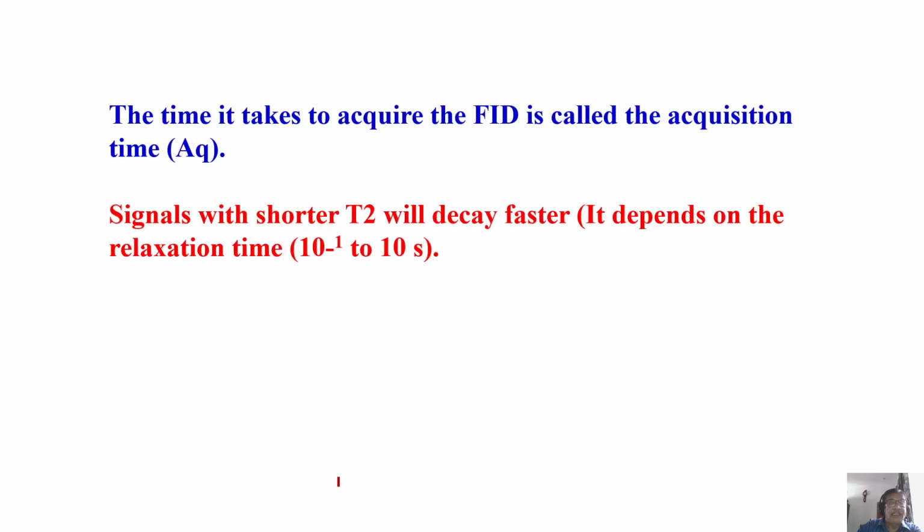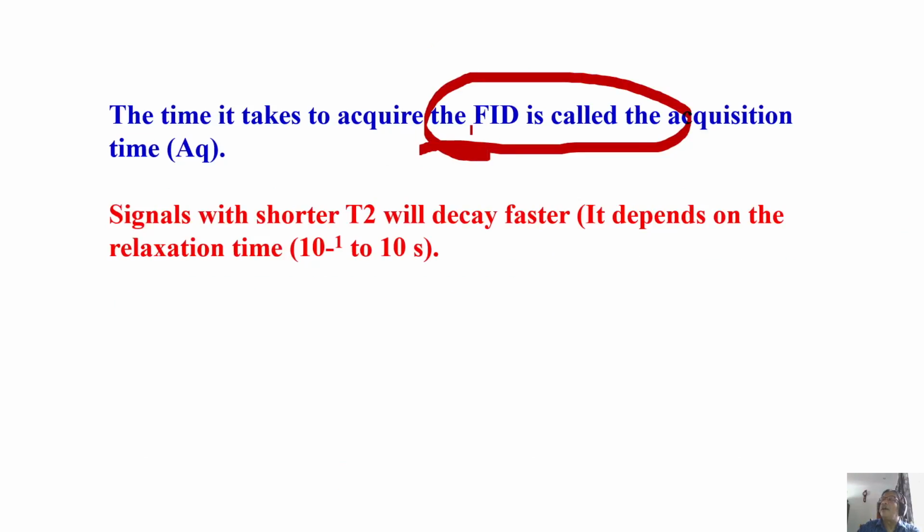The time it takes to acquire the free induction decay is another point, called the acquisition time. You have to acquire only for the period you have signal. And signals, as I told you, decay with time. The FID decays with time because of T2. When does it decay faster? If the signals have a shorter decay time, the signal decays faster.